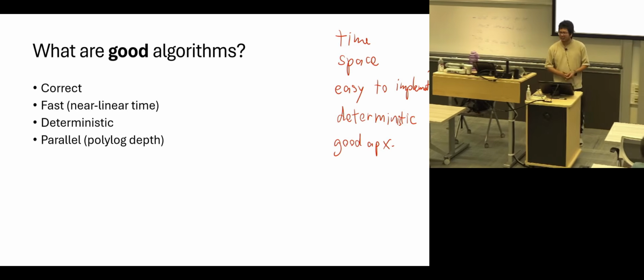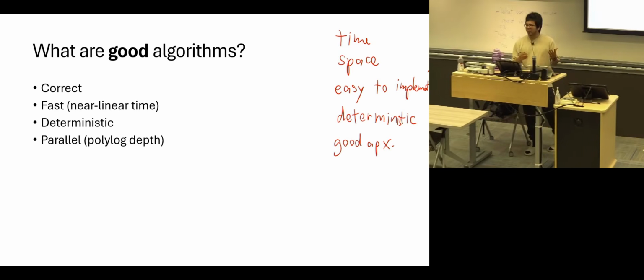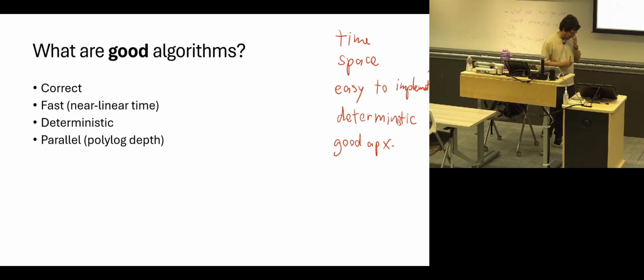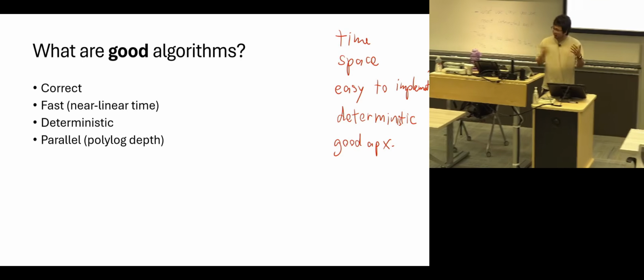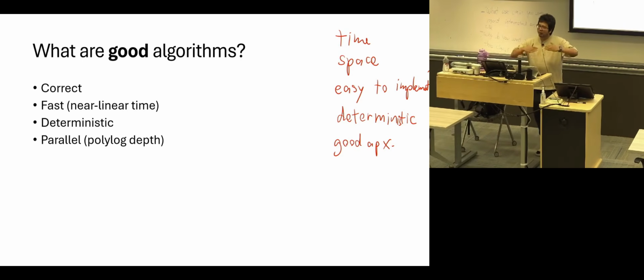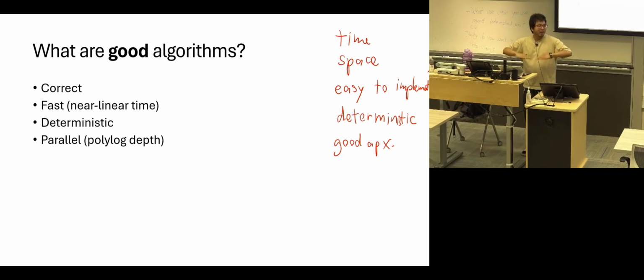This is something that people at Google would like. For example, you might have heard of MapReduce. That's the MapReduce model. People want an algorithm such that if you have many computers, you can basically speed up the whole algorithm in proportion to the number of computers that you have.